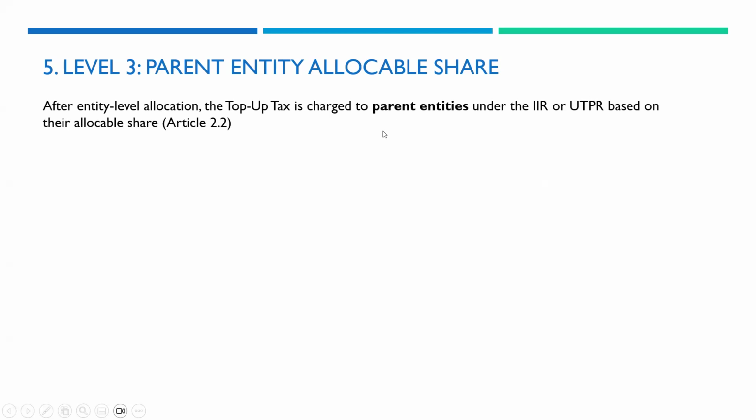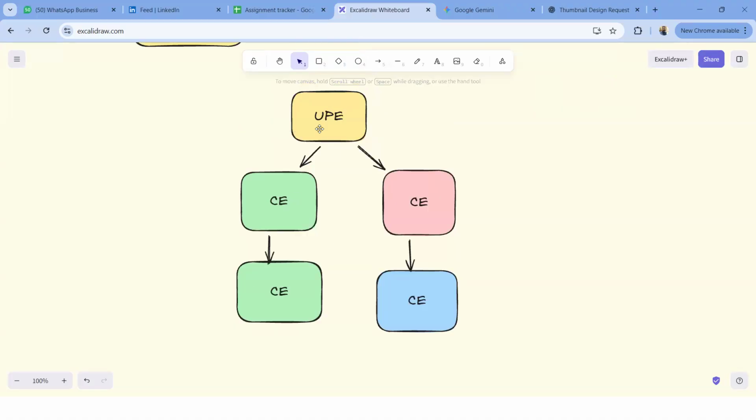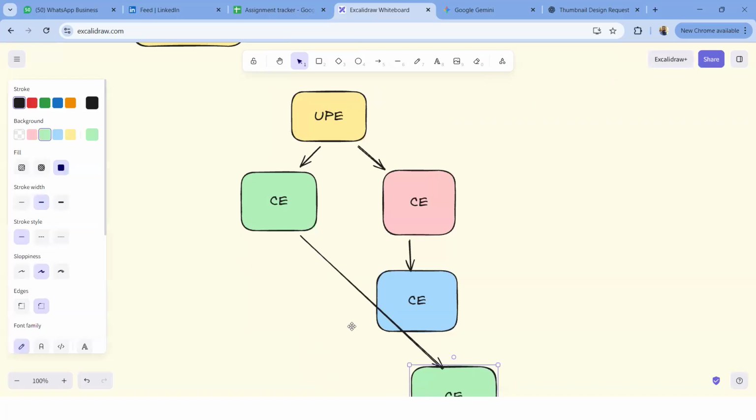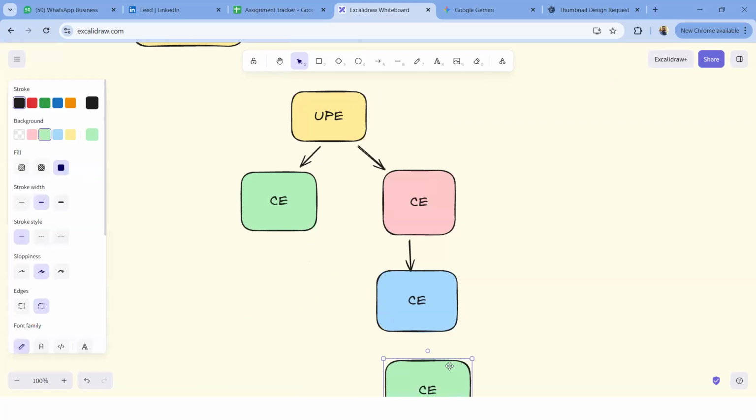Now, you can ask me, in this scenario, why did you do an entity allocation? Since both are having the same parent, why are you doing an entity allocation? That is because sometimes, let's say that this is not here, but it is in this group.